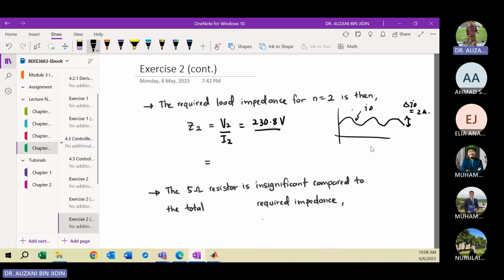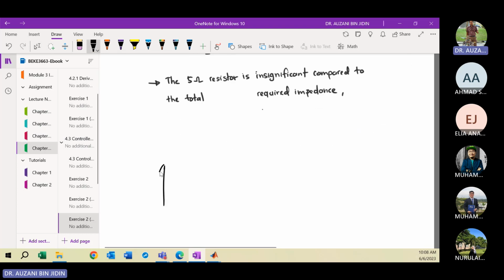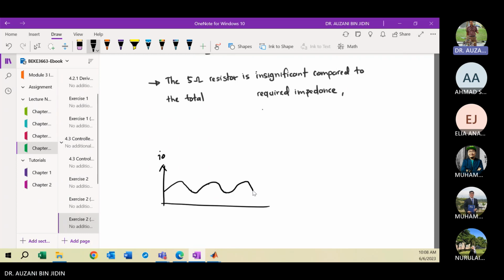By applying the Fourier series, maybe I can illustrate just to help you understand the definition of the Fourier series. So this is your IO, which will vary from peak to peak. Our aim now is to limit the current ripple to 2 ampere. Based on the current wave shape, you have the average, the orange color here.